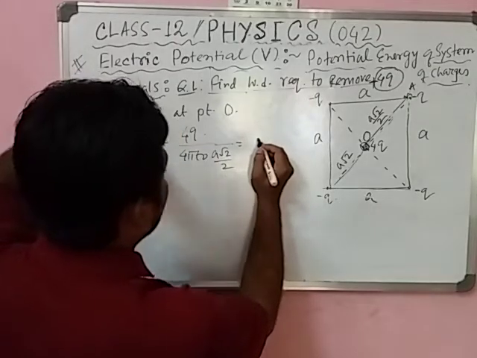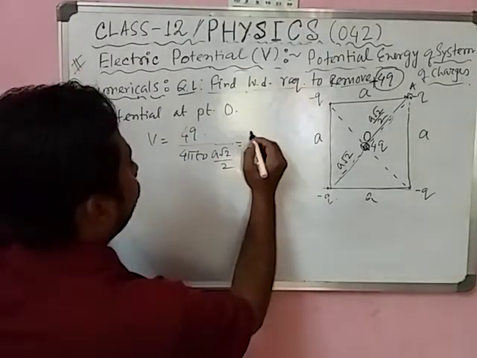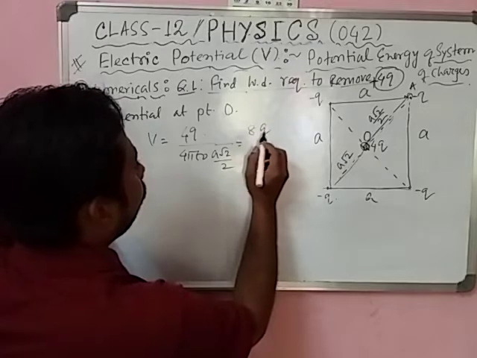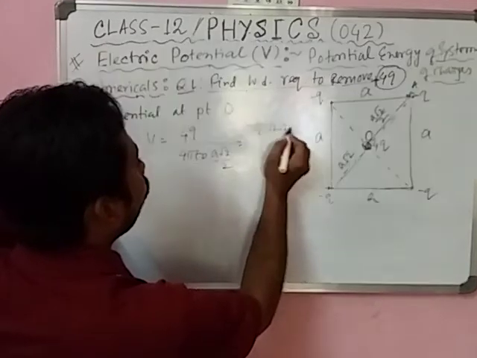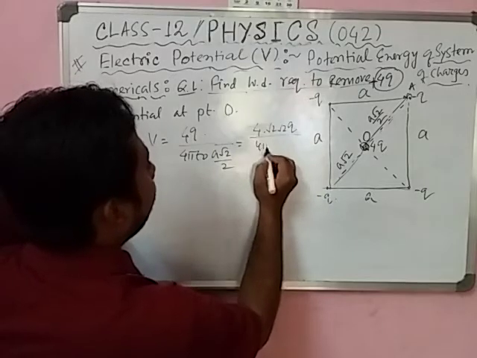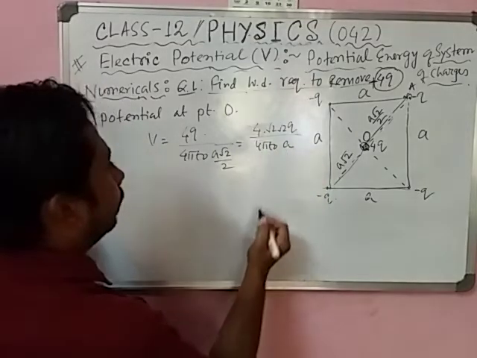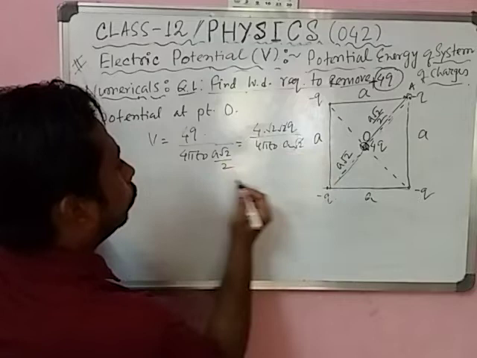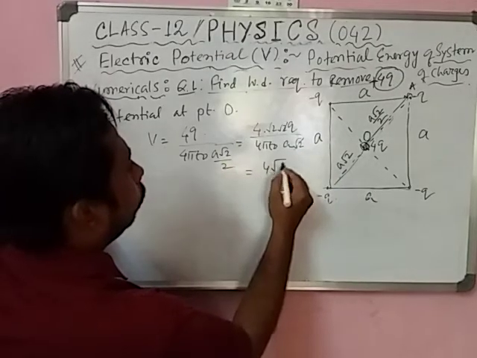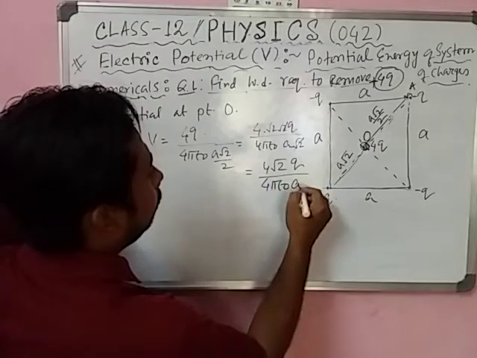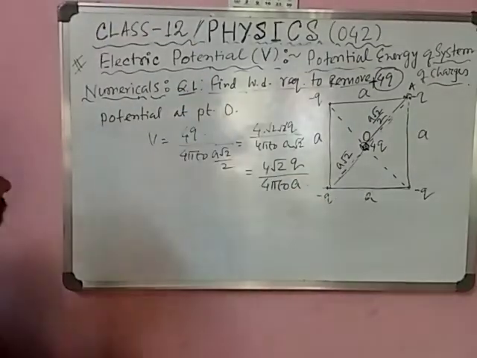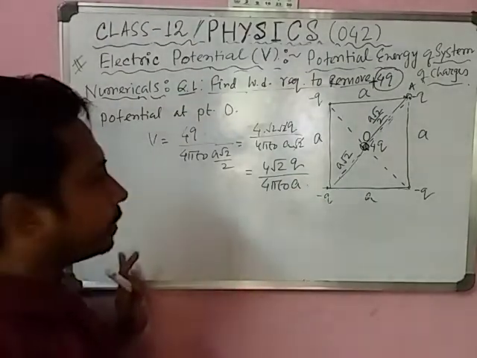So 8q, or you can write 4 into 2 means root 2 into root 2 q by 4 pi epsilon naught into A root 2. So it will be 4 root 2 q by 4 pi epsilon naught into A. Right student? Am I right?